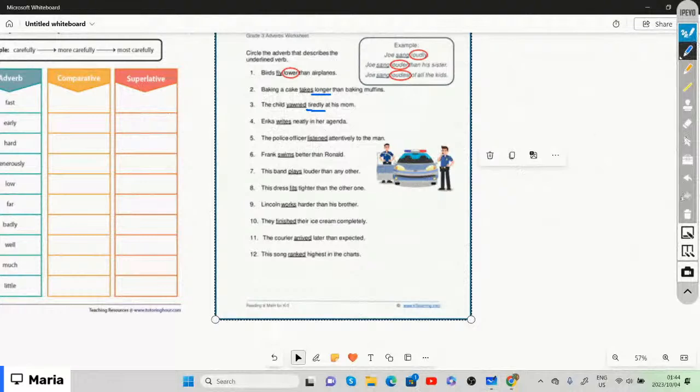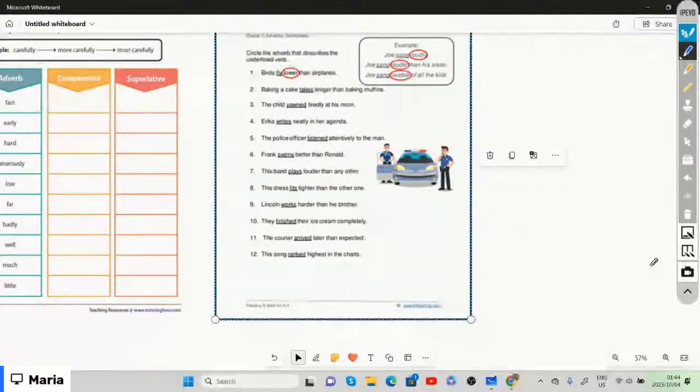And remember, a verb is basically an action. It's a doing word. So we are either comparing two actions, which we call a comparative adverb, or we are comparing more than two actions, and we call that the superlative adverb.